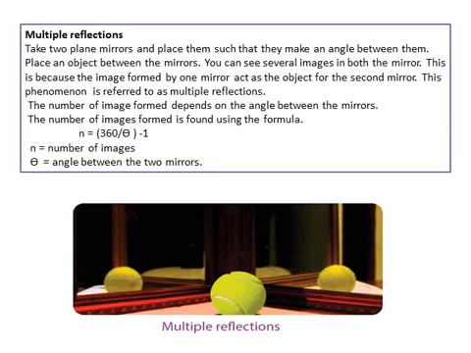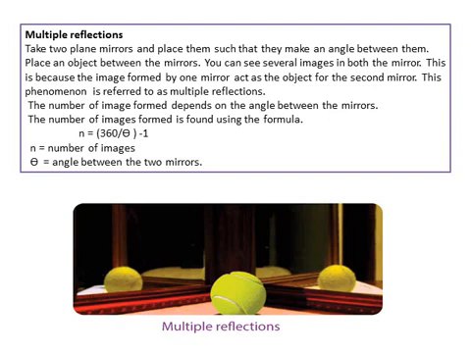This phenomenon is referred to as multiple reflection. So when the plane mirrors are inclined or placed together with an angle, they form multiple images, and this is called multiple reflection. Now can we tell how many images are being formed?